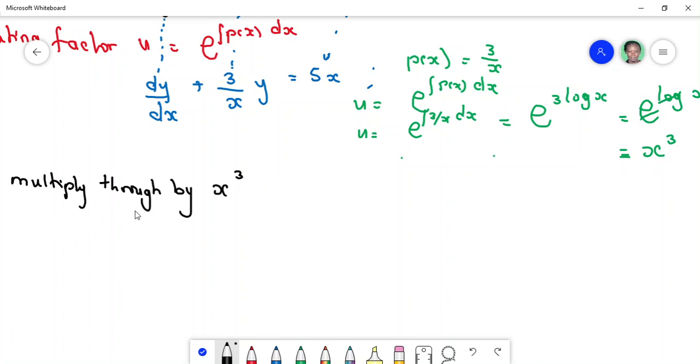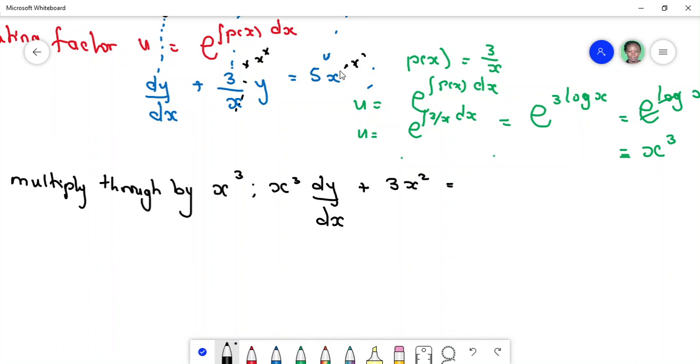If you multiply through, you have x cubed dy/dx plus 3x squared y, because the 3 over x times x cubed means this x will cancel one of those, so you have 3x squared, equal to 5x times x cubed.